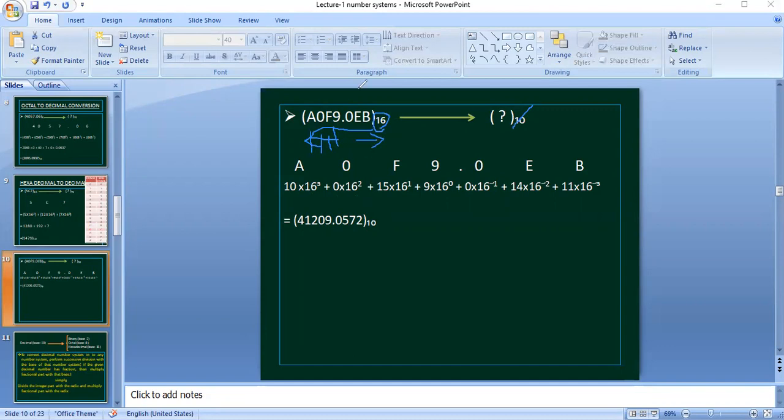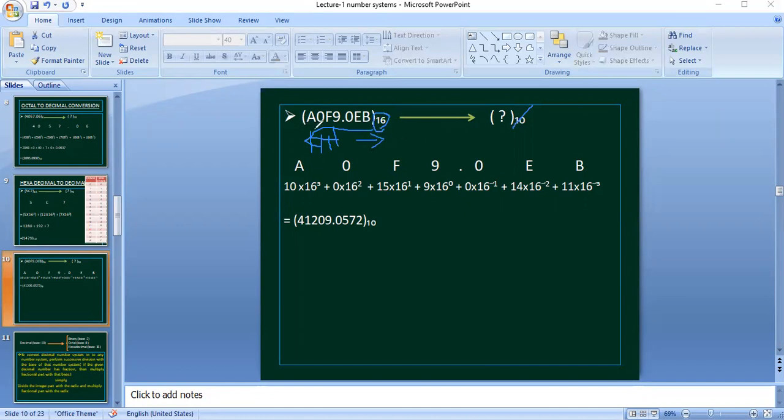In a similar way for the fractional part, we need to consider the powers of 16 which start with minus 1, means 0 into 16 power minus 1, E into 16 power minus 2, B into 16 power minus 3, like that.